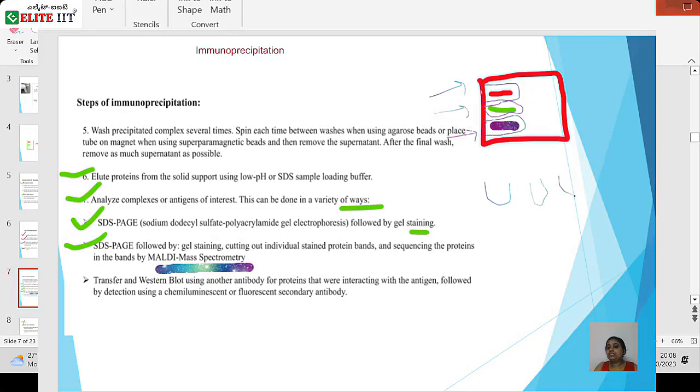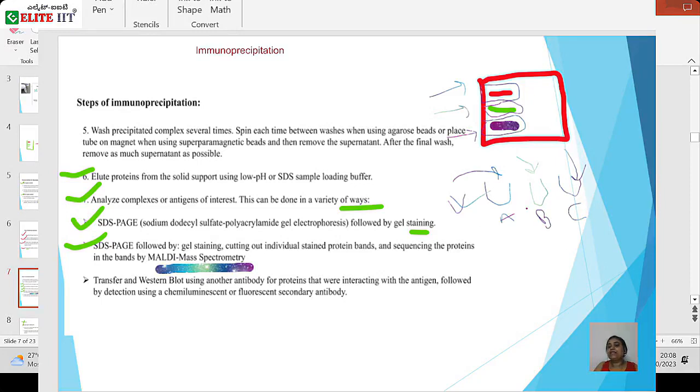Now you just load these three samples in the mass spectrometry instrument. You will get different mass for different samples, and comparative data is there, as I told you. So the comparative study will tell you that if your protein of interest is present here in sample A, if you consider these are A, B and C, three bands and three samples.